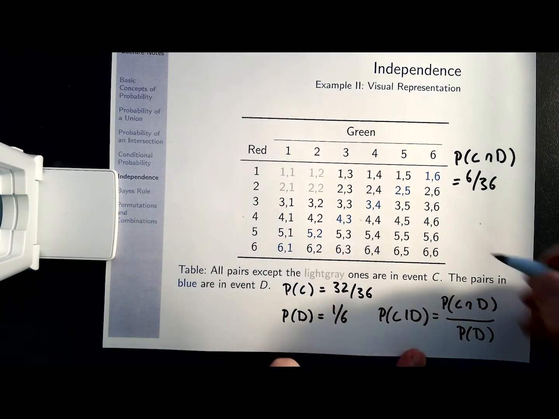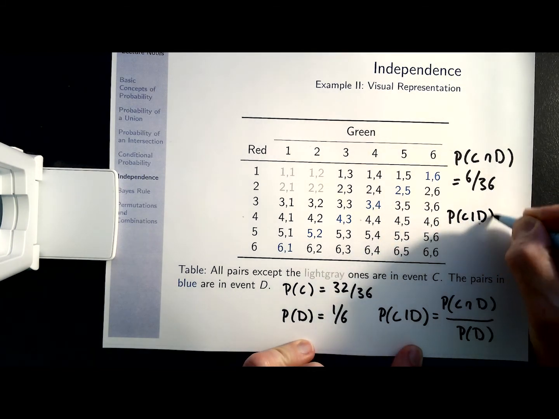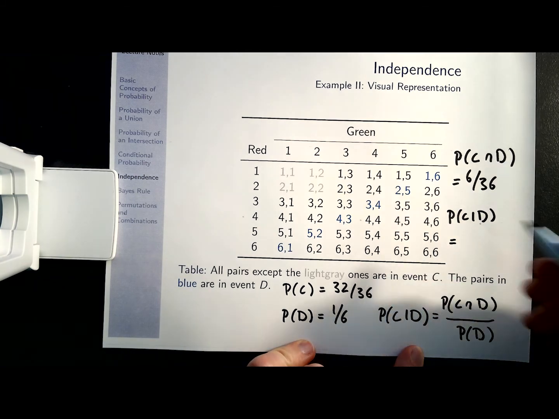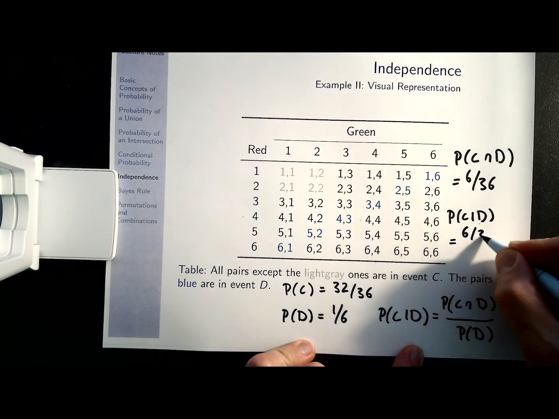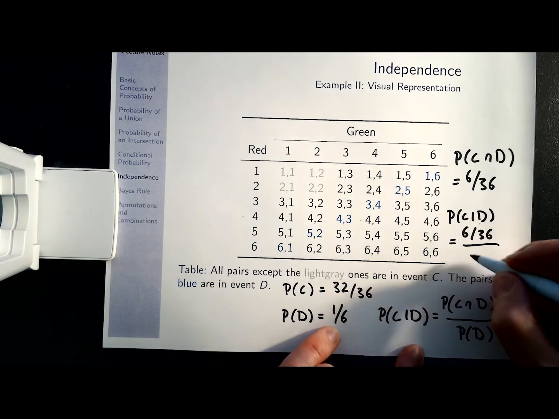So now we can calculate the conditional probability of C given D, which is equal to 6 over 36 divided by the probability of D, which is 1 over 6.